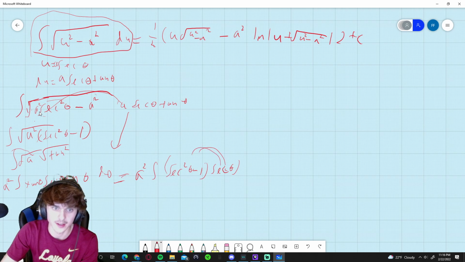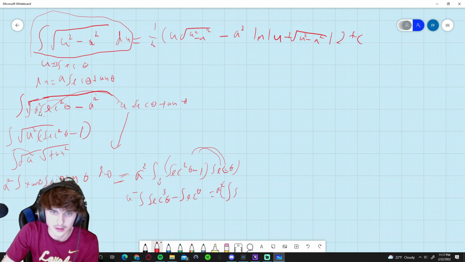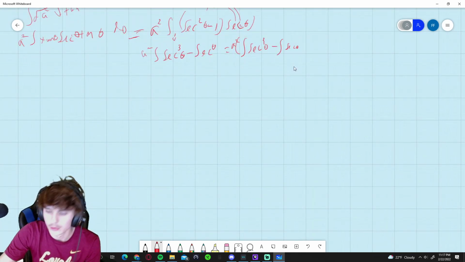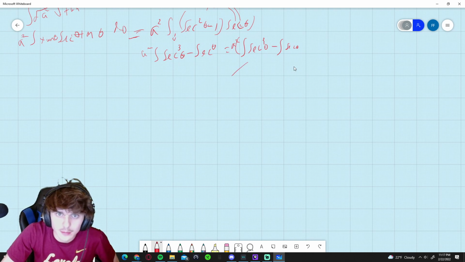Then you multiply that out, and that equals a squared times the integral of secant to the third theta minus secant theta. And then you recognize that this is equal to the integral of secant cubed theta minus the integral of just secant theta.